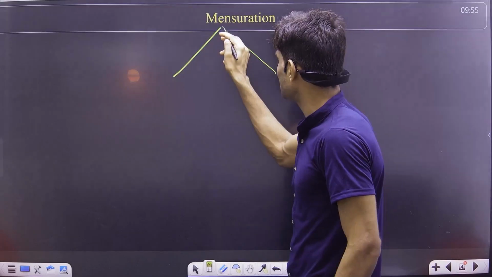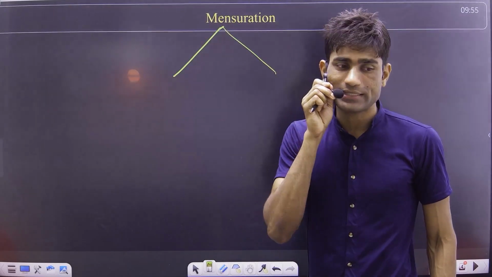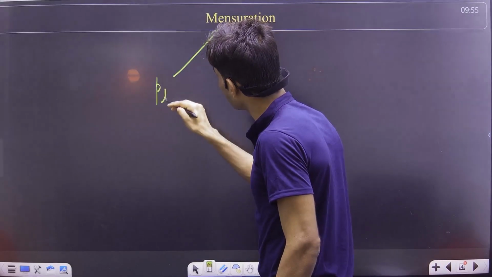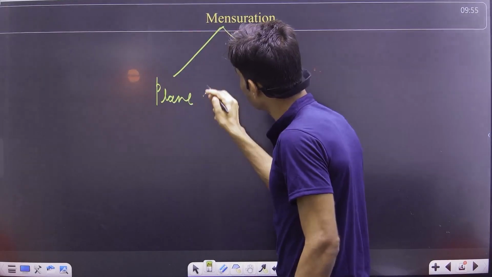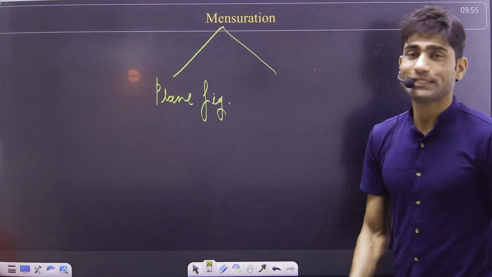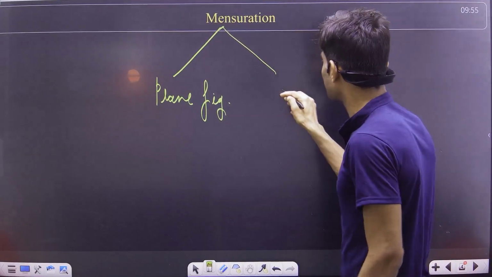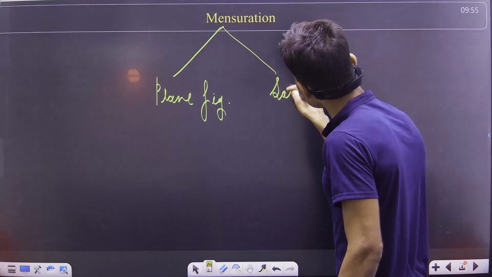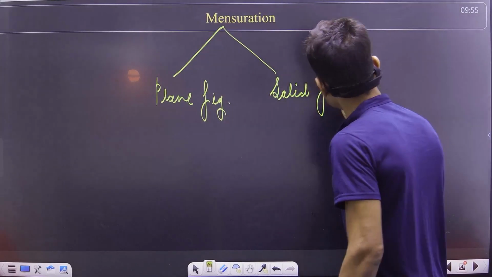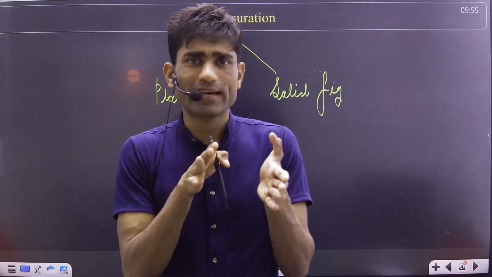Let me write the two different parts of mensuration: first, the plane figure, and second, the solid figure.